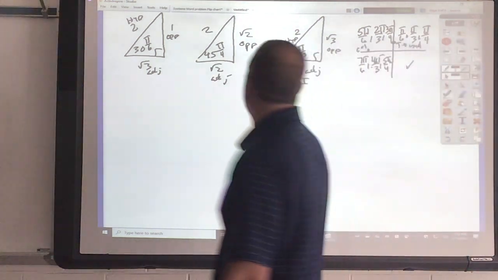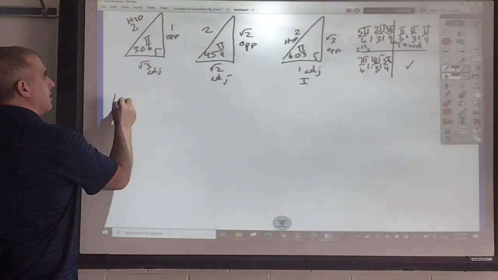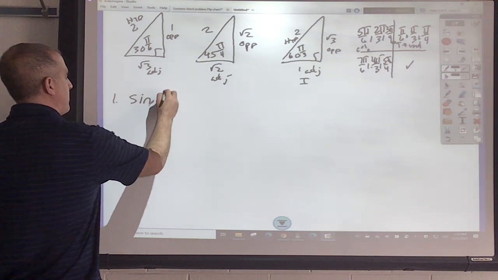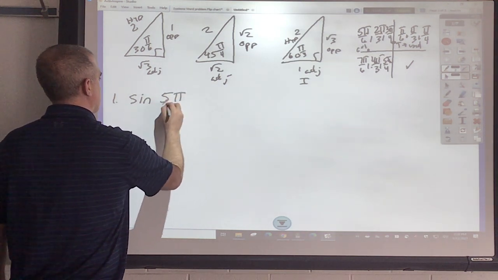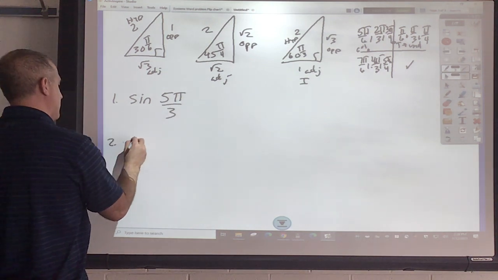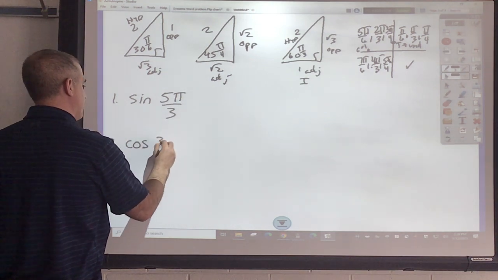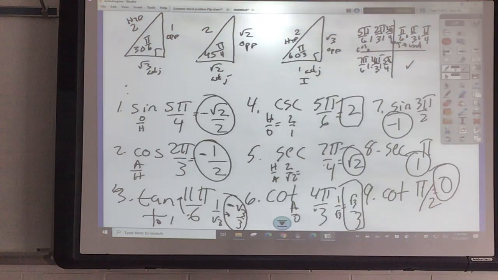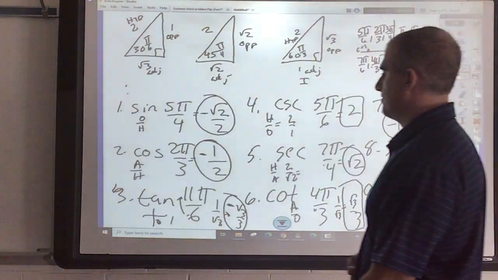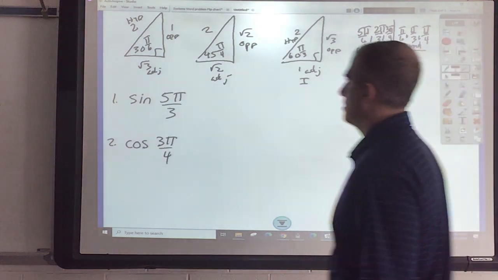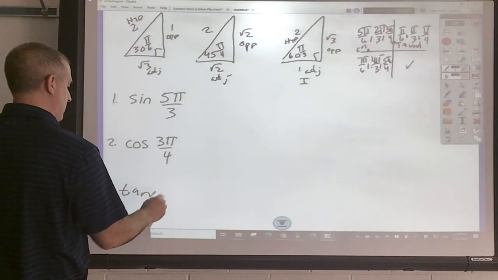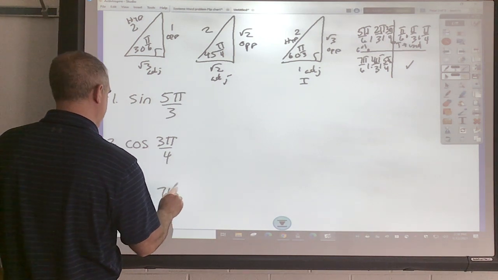I would like you to find sine of 5 pi over 3, cosine of 3 pi over 4, hopefully that's not a repeat, it is not. Let's go tangent of 7 pi over 6.